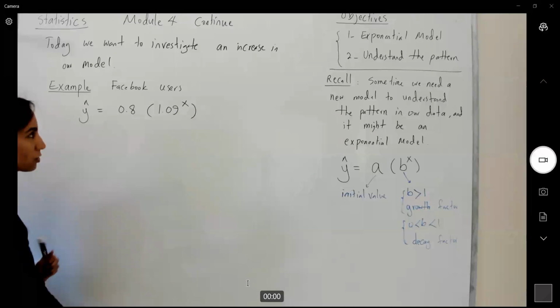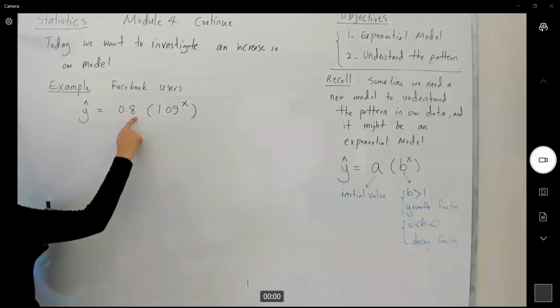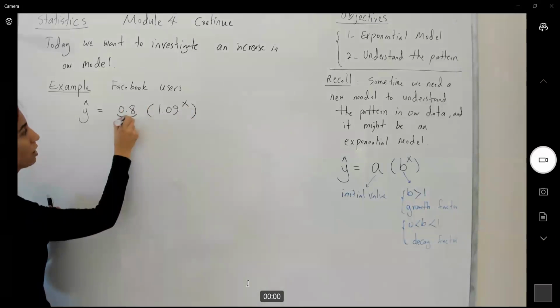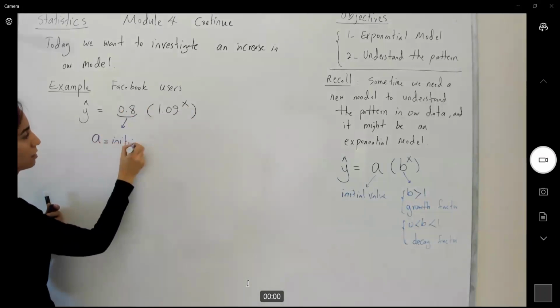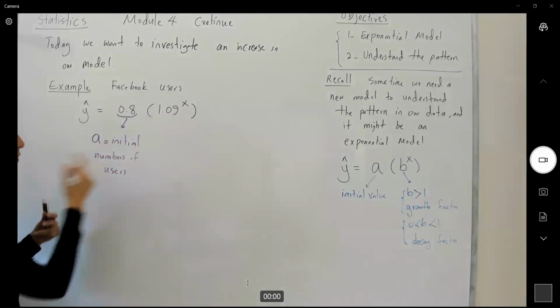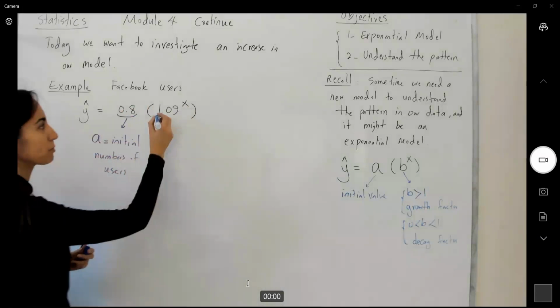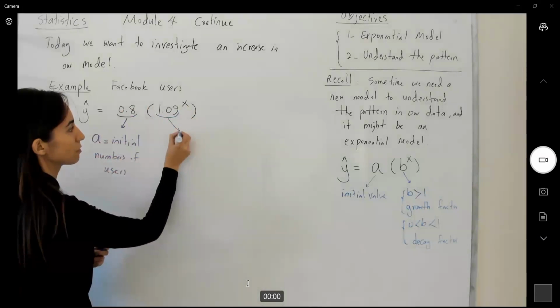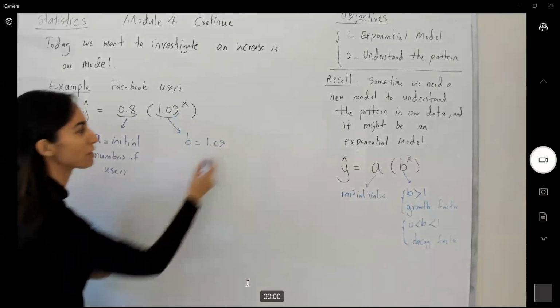Let's analyze what's going on. 0.8 is the initial amount. This is your A, the initial number of users. 1.09 is your B. B is equal to 1.09. As you can see, B is greater than 1.